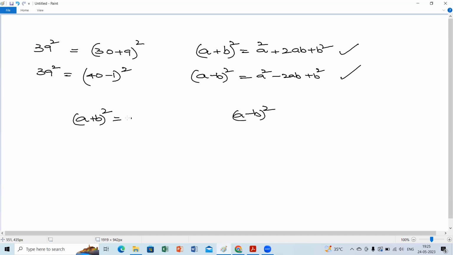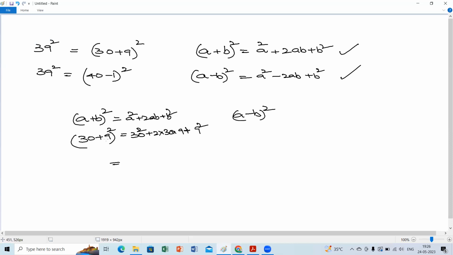A plus B whole square is A square plus 2AB plus B square. Here, instead of A we have 30 and instead of B we have 9. 30 plus 9 whole square is 30 square plus 2 into 30 into 9 plus 9 square.